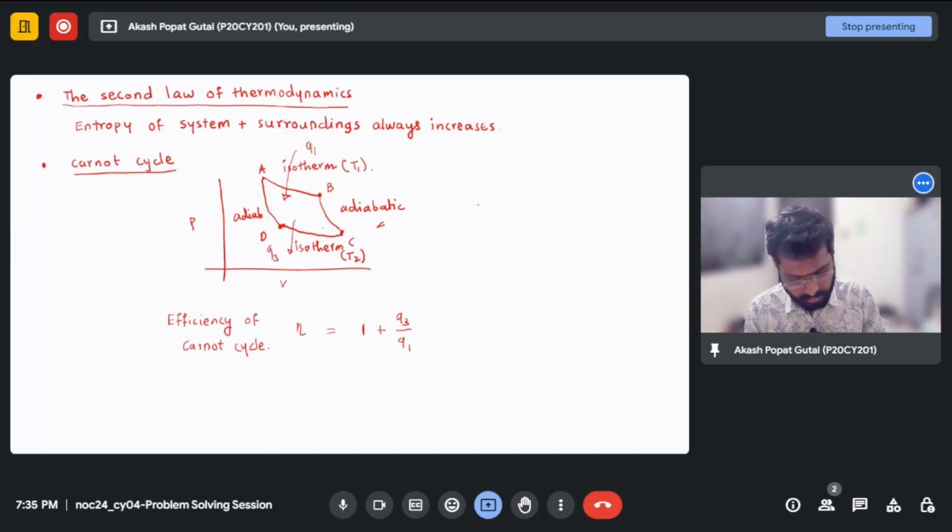The ratio, 1 plus q3 by q1, is nothing but the efficiency. It can be written in terms of temperature as 1 minus T3 by T1.